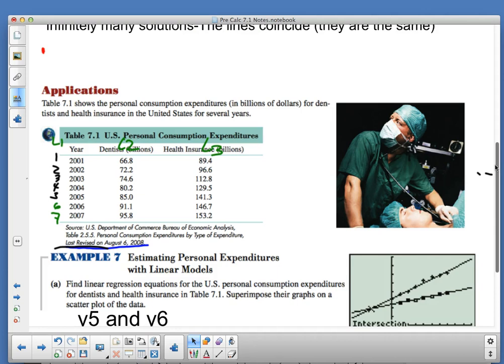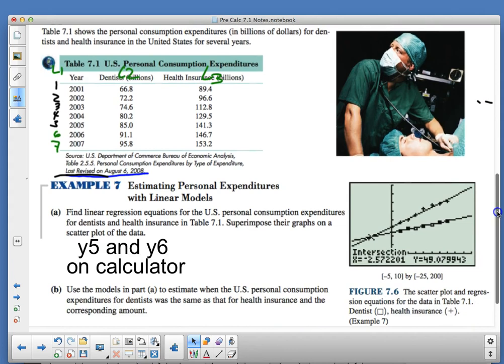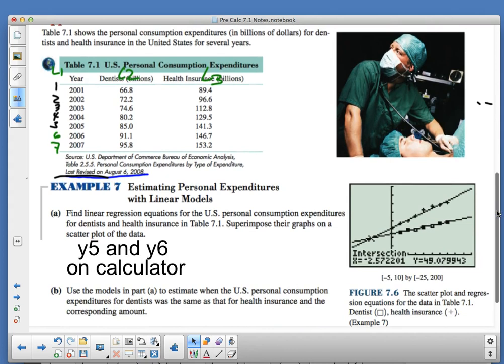This source is the Department of Commerce Bureau of Economic Analysis, by the way, where we got this. And I just have notes in here because I had all those other equations in Y1, Y2, Y3, and Y4. I'm going to put my linear regression for the two sets in Y5 and Y6, okay?